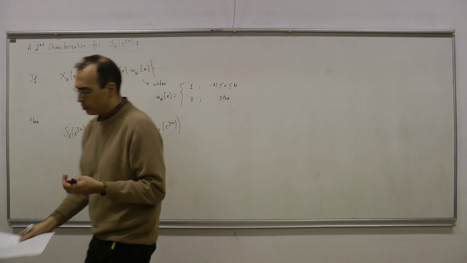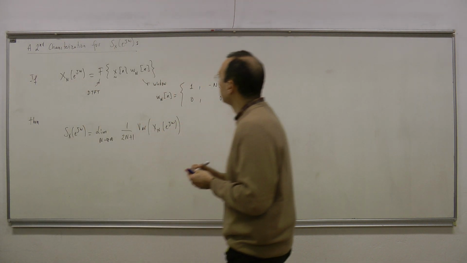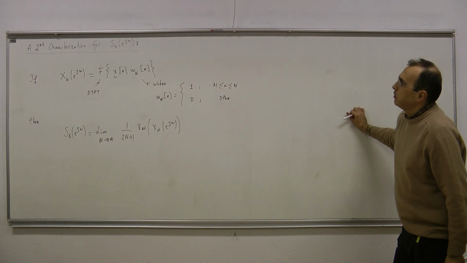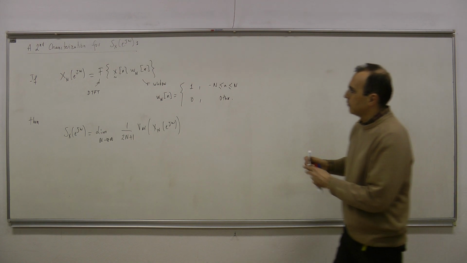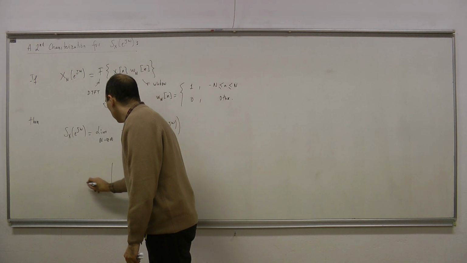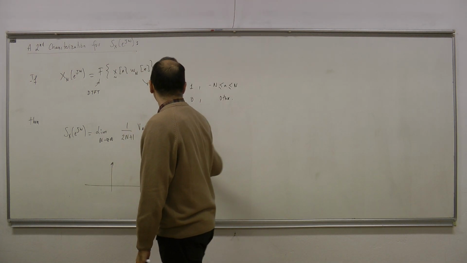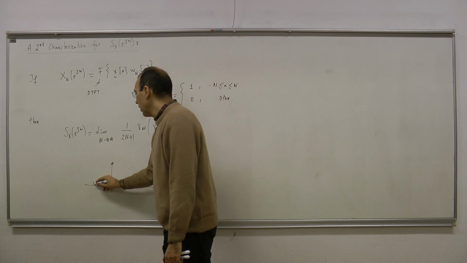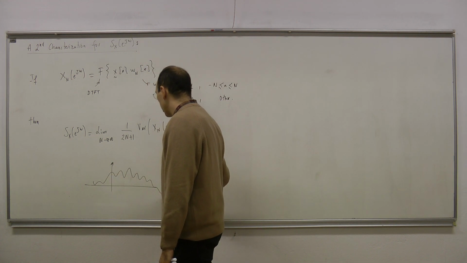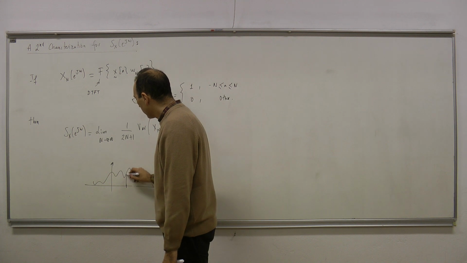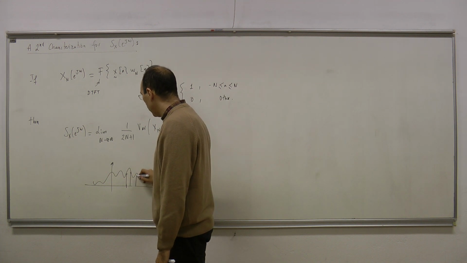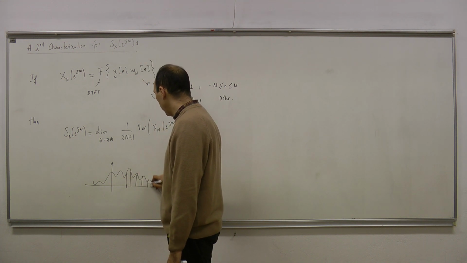Okay. So what's going on? Well, I have a random process. Let's say that this is one of its realizations, and I'm thinking again in terms of ergodicity. We will discuss ergodicity later on.